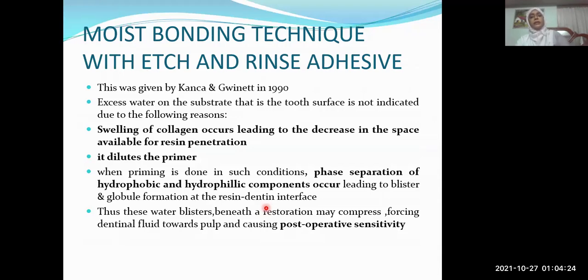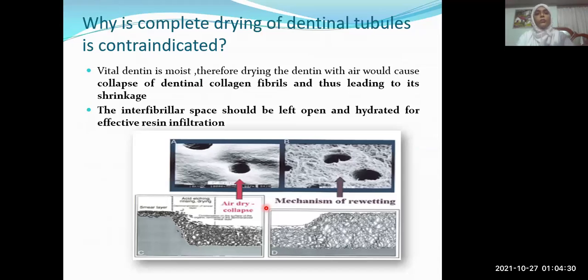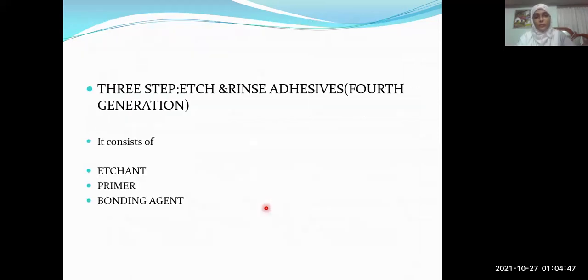That can lead to post-operative sensitivity. So it cannot be too moist because it will result in sensitivity. It cannot be too dry because the collagen will collapse and lead to shrinkage of the collagen network. So naturally bonding will not be effective, and resin tags will not be able to form.